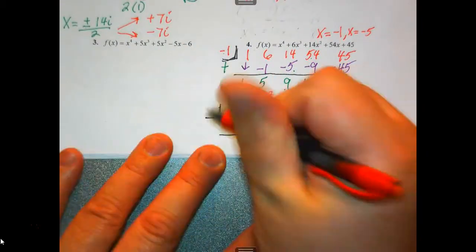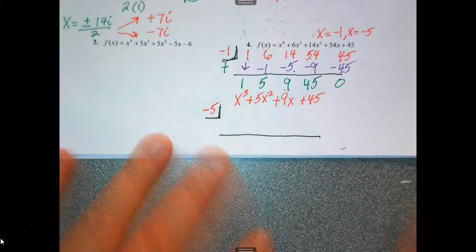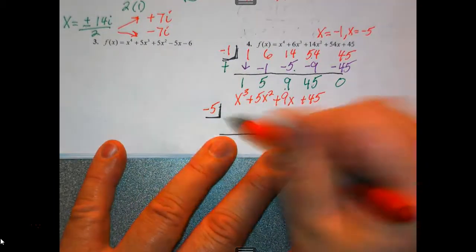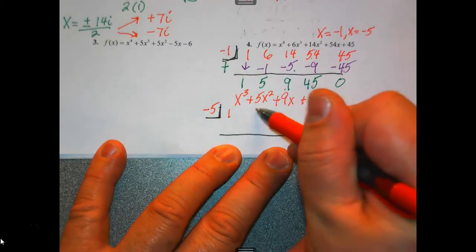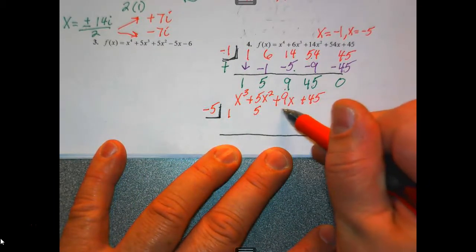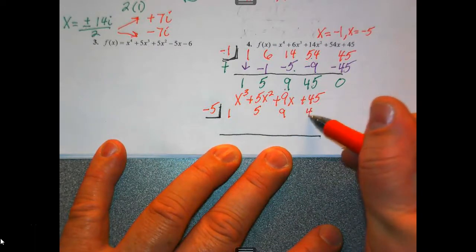So I'm going to put -5 in there. Coefficients 1, 5, 9, 45.